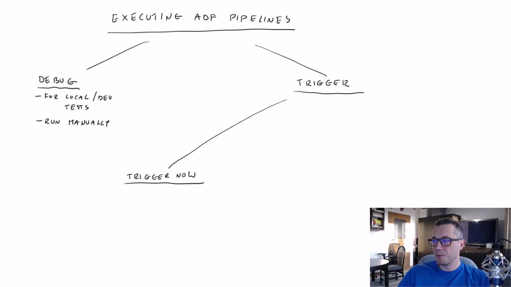It simply means please execute the version of the code that has been deployed to the service right now, on demand. So it is on-demand execution. And like in the case of debug mode, it is run manually.